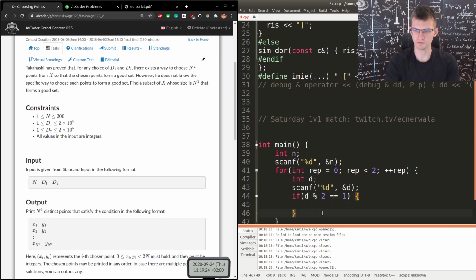If this is odd, then we just have standard coloring of chessboard, don't we?